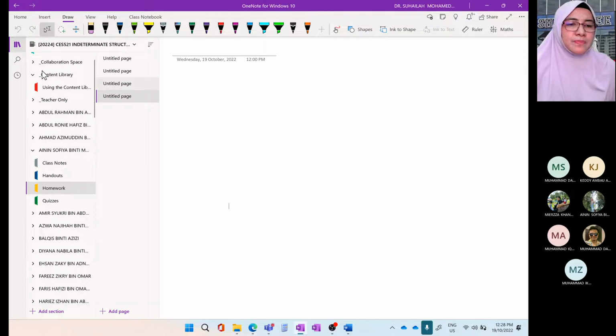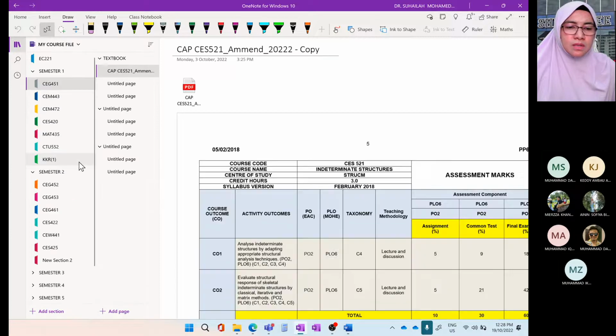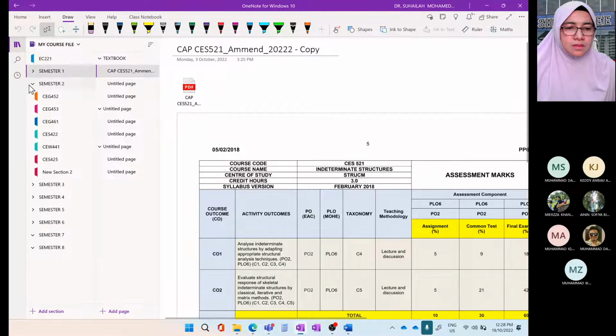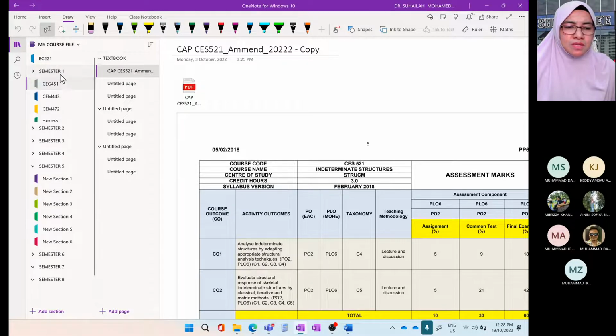Saya hari tu ada buat briefing pada new student, and saya ada bagi satu cadangan untuk student untuk dokumentkan all the learning evidence dalam OneNote. Okay, you dekat semester 5 kan? So dekat semester 5 ni, you boleh buat section for courses, macam semester 1 saya buat ni.